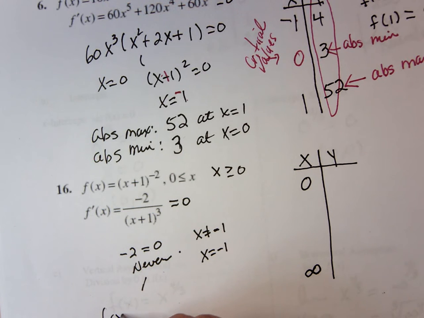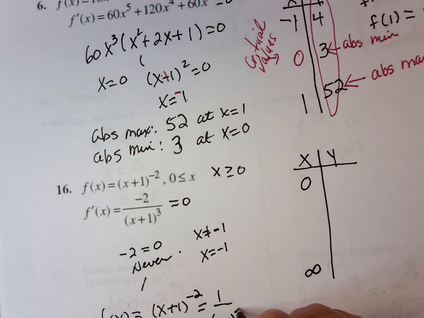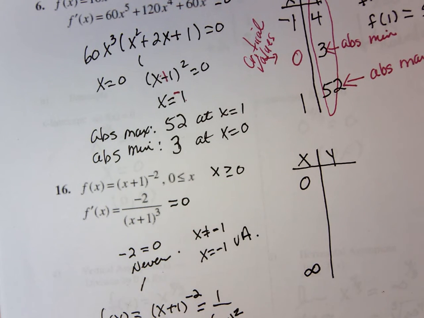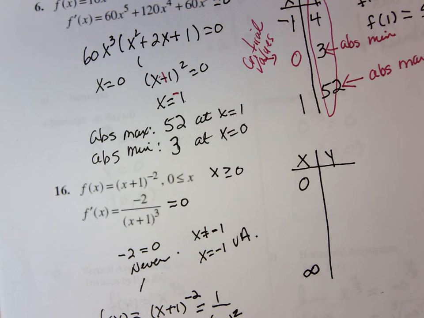F of x equals x plus 1 to the negative 2, which is the same as 1 over x plus 1 squared. So what's negative 1? A vertical asymptote. So do I have any critical numbers? No.